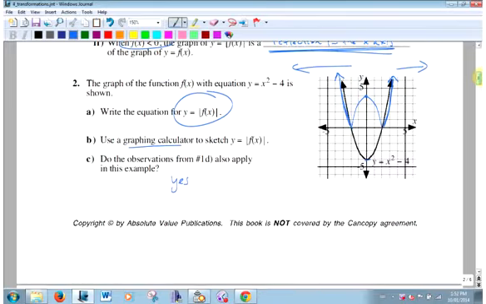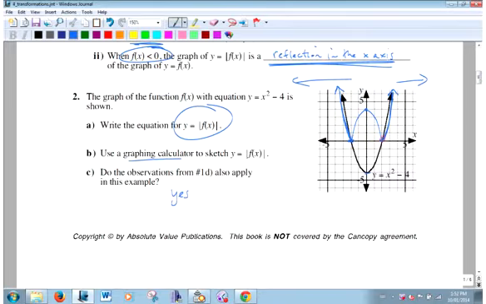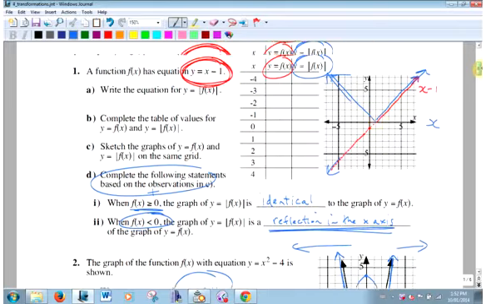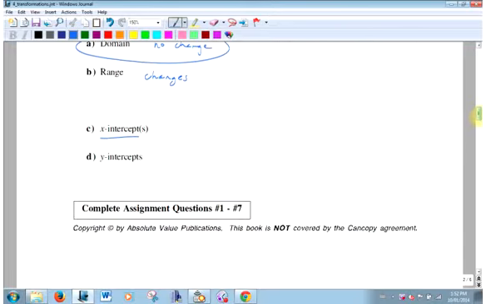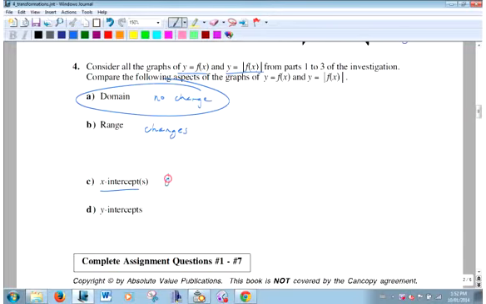I had 2 x-intercepts here. When I took the absolute value, did they change? No. Still got those 2 x-intercepts. How about this one? Didn't change. Conclusion: x-intercepts do not change when you take the absolute value.